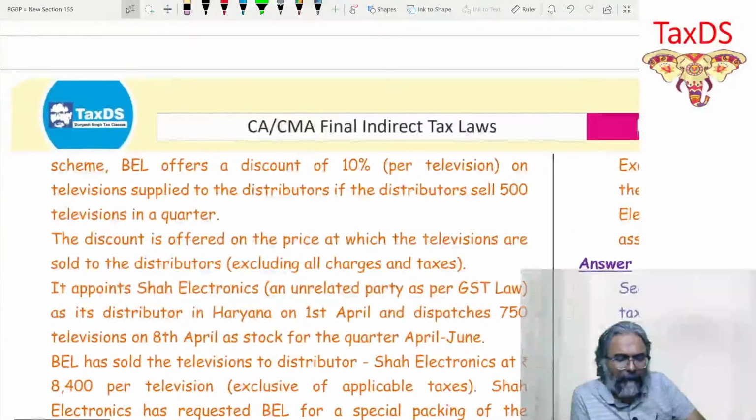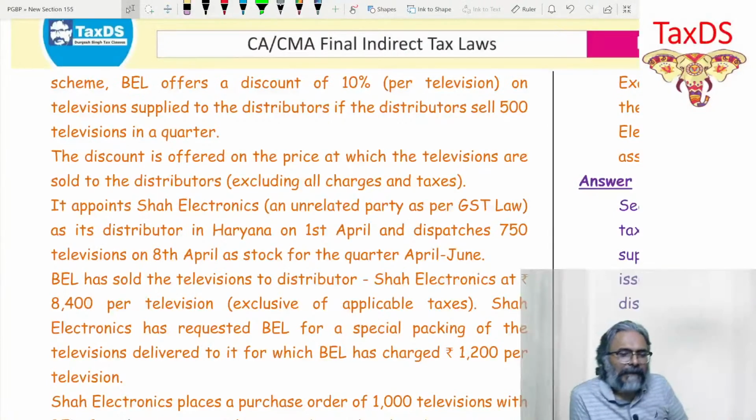BEL offers a discount of 10% on television supplied to the distributor if the distributor sells 500 televisions in a quarter.